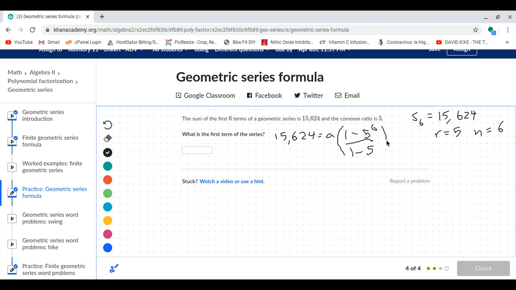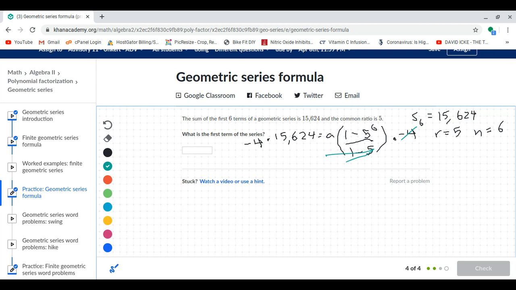So follow with me. The denominator is going to be -4, so we're going to multiply both sides by -4. So this denominator is going to cancel out. Okay, so let's do that on our calculator.